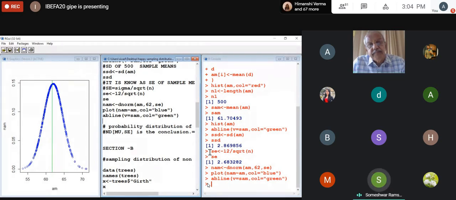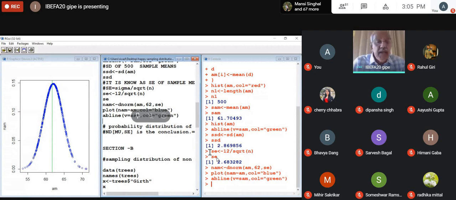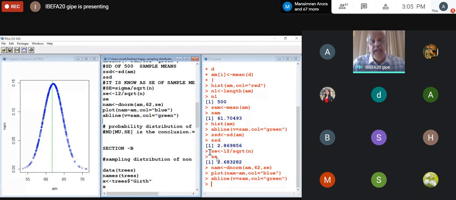It means how much the points deviate from the straight line. Correct. How much deviation of the data from the straight line. Same concept here also: how much do the samples deviate from 62? Standard error 2.68. Same concept. There we talk about the regression line; here we talk about the population mean 62. There we talk about individual values of the data; here we talk about the sample mean.